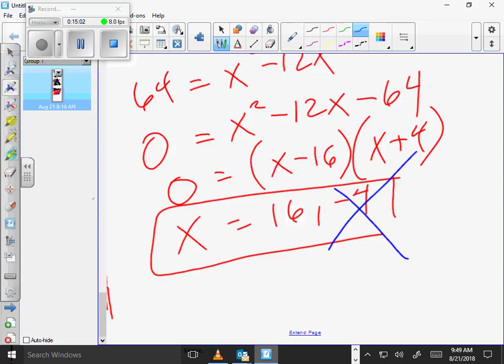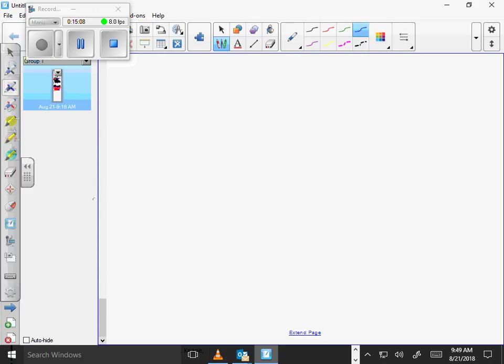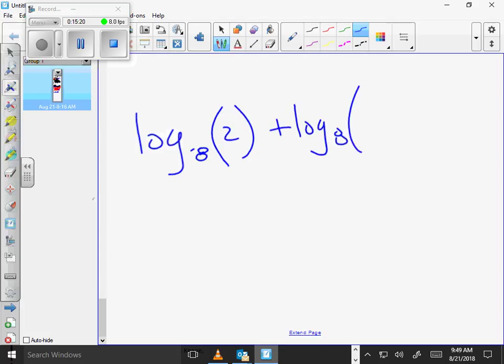Hey, Kaylin, any questions about that? Okay. So on your whiteboards, will you do this problem for me? Log base 8 of 2 plus log base 8 of 4x squared equals 1.